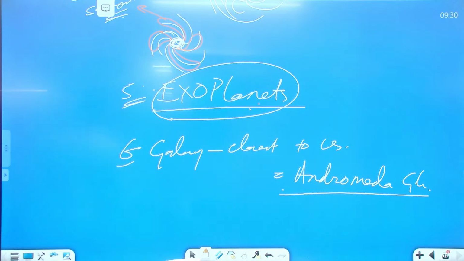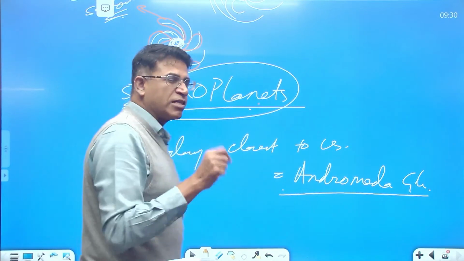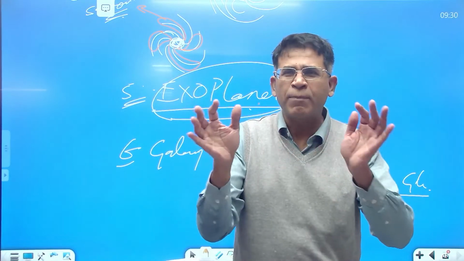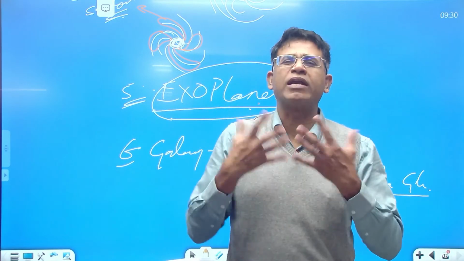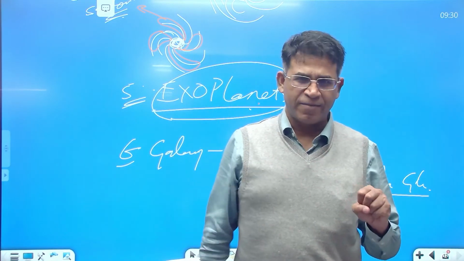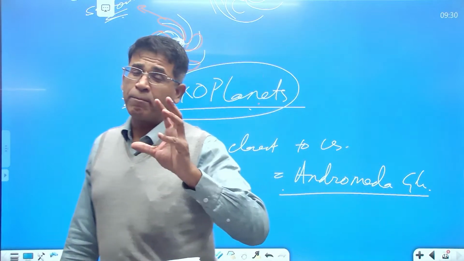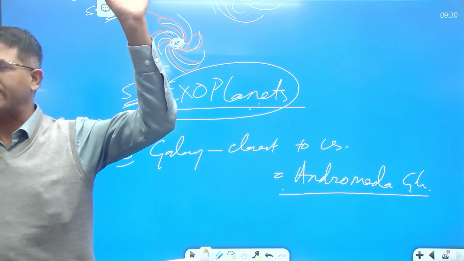So when we are looking for the possibility of life elsewhere, we are looking for all planets which are very much like Earth. In our solar system, there is no other planet like Earth which can support life the way we are seeing it. But maybe बाकी जगह ऐसे solar systems हैं.